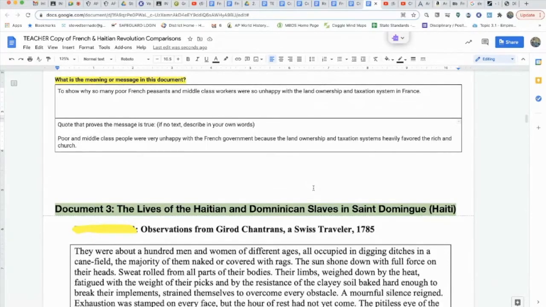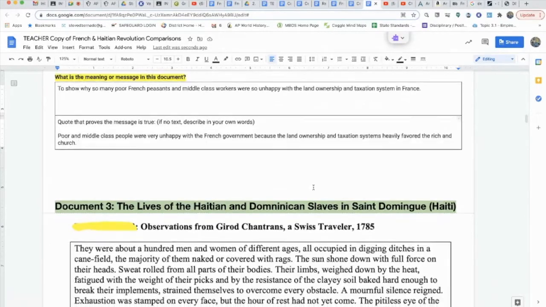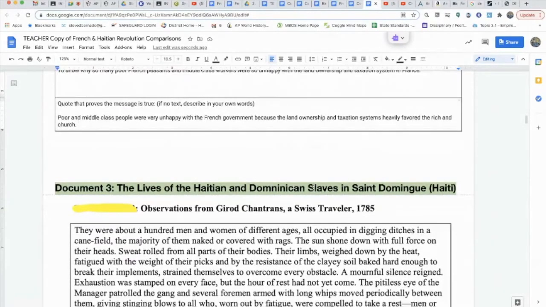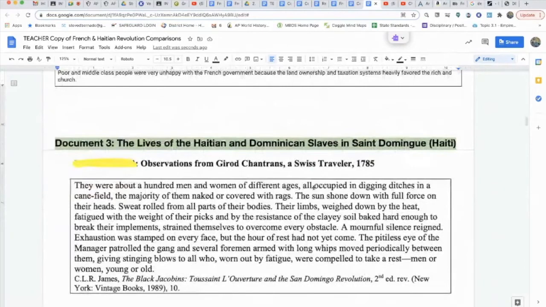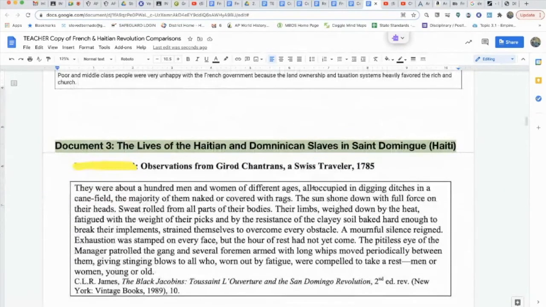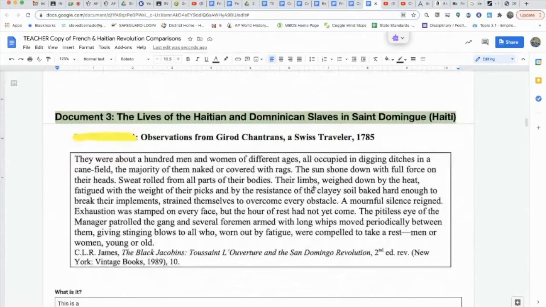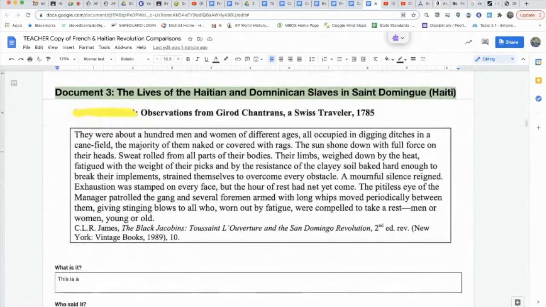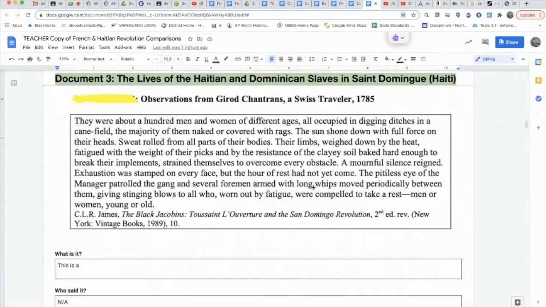And then we looked at France, where the church and the very small percentage of rich had all the power, most of the land, and the taxes. They didn't pay them. Now let's move on. Remember, if you miss anything, I'll post the video and you can go back and fast forward to the section.